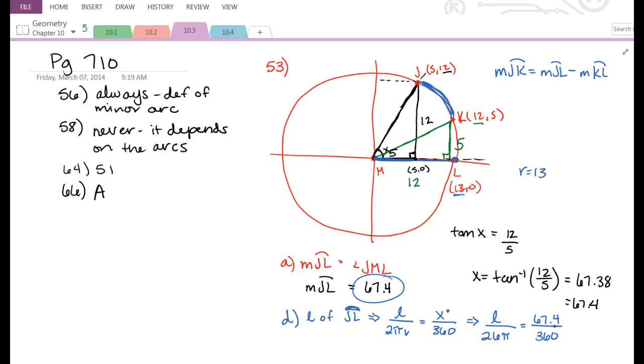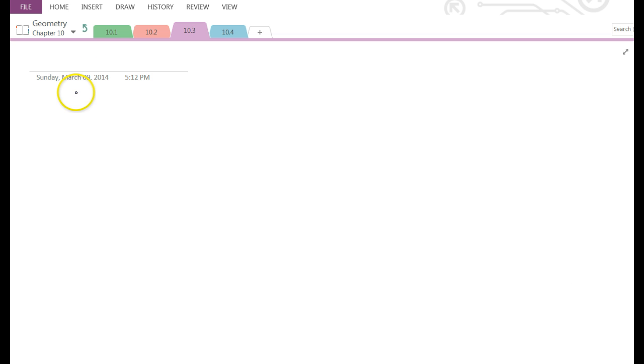I'm also going to go over 66. Shouldn't have been too difficult, it's just area. So I'm going to go to a new page for that one. So for 66, it's the area if R equals 4. Okay, so I'm going to try to draw this the best I can.